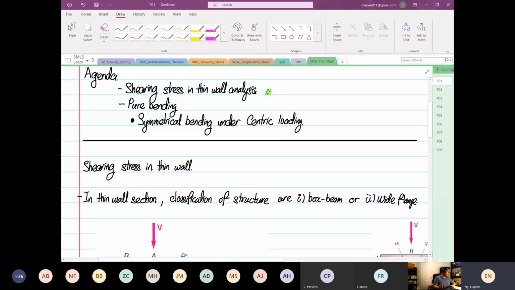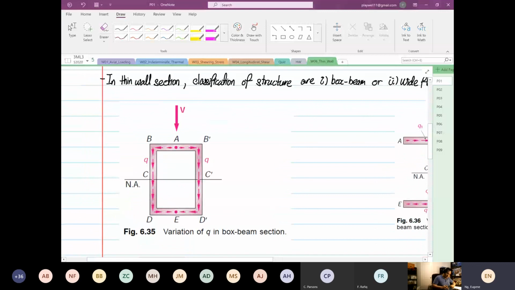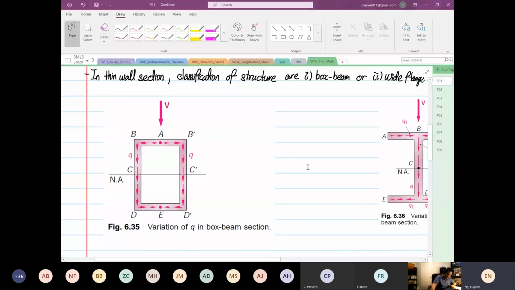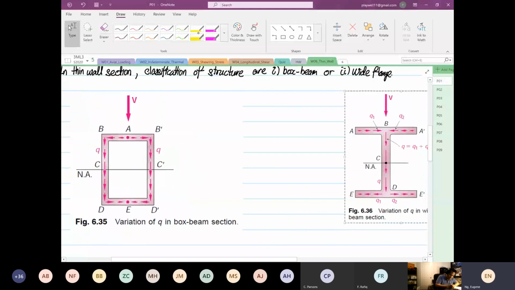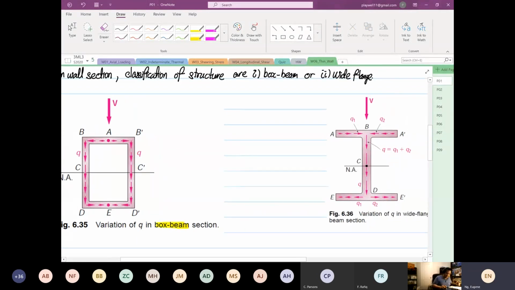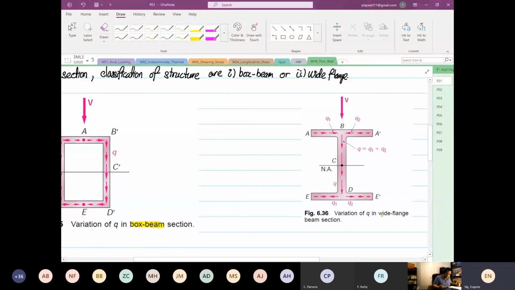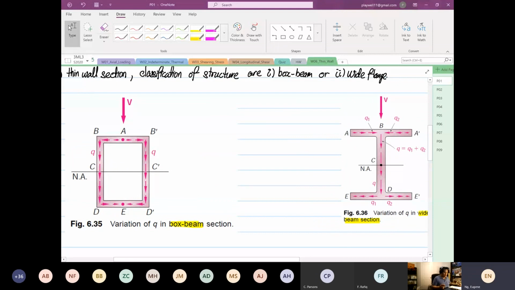On the left hand side, what you see is what we classify as a box beam. As you can see, the structure looks like a box. And then the next one is a wide flange beam section. For both of the diagrams, V is coming from the top.